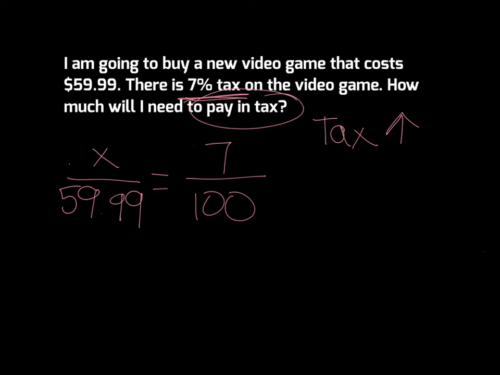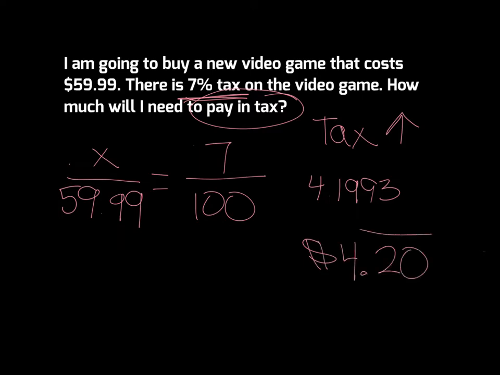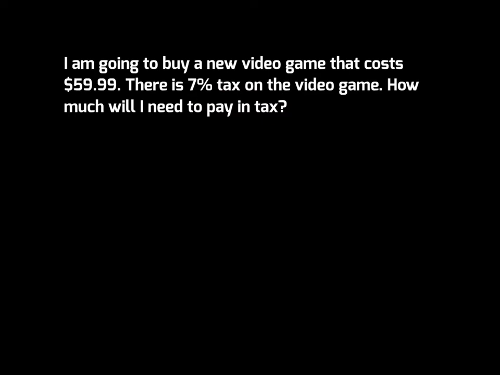And then you just go ahead and solve it the same way. $59.99 times 7, divided by 100. And you're going to end up with the same thing, 4.1993, which then you'd round and you'd get the same thing of $4.20. So $4.20 is my final answer, which is the amount of tax.